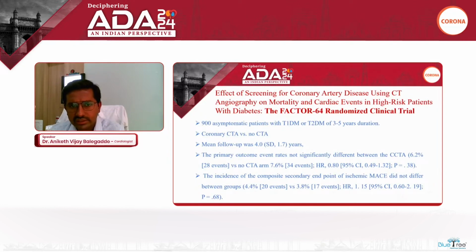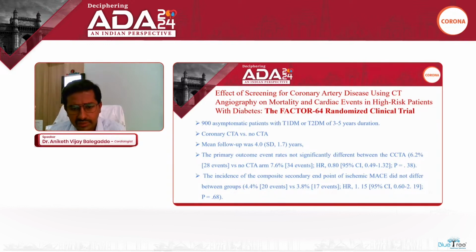The other is the CT coronary angiogram. The effect of screening for coronary artery disease using CT angiography on mortality and cardiac events in high risk patients with diabetes. If there are diabetic patients who you feel have a high risk of ASCVD and you subjected them to coronary CT angiogram, what did the imaging show?